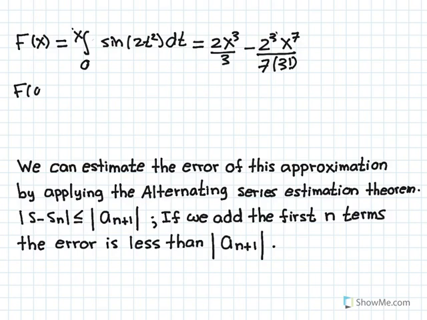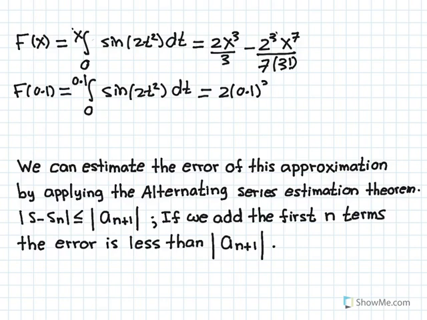F of 0.1 is the integral from 0 to 0.1 of sine of 2t squared dt. So plug in x equals 0.1. We get 2 times 0.1 cubed divided by 3 minus 2 cubed times 0.1 to the power of 7 divided by 7 times 3 factorial.